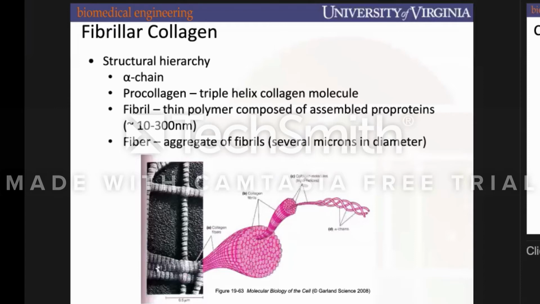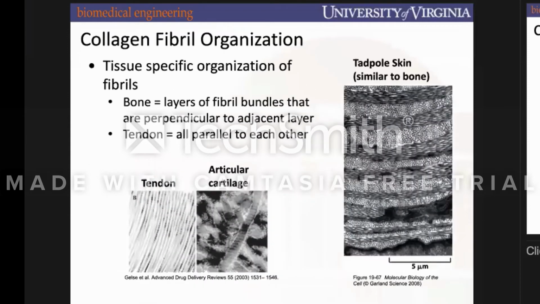So it's cells that are coming together and assembling these collagen molecules into fibrils, into fibers. Does that make sense? Yeah. So oftentimes the organization of these fibrils are tissue specific. If you think about the different parts of our body that move in different ways or that experience force in different ways, the ECM present there is organized to meet the demands or needs of that organ or tissue.